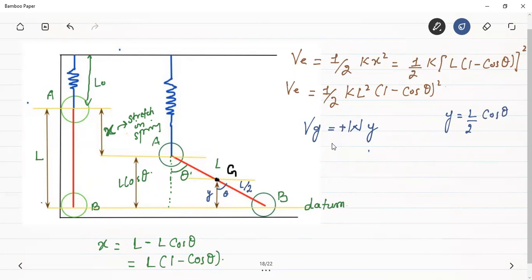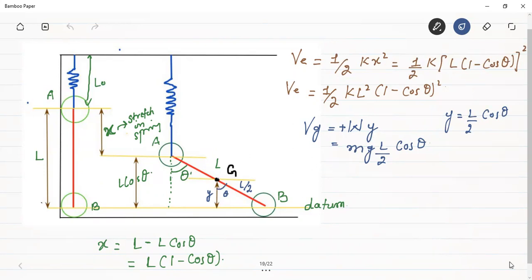Therefore, the gravitational potential function can be written as the weight, which is the product of mass and acceleration due to gravity, multiplied by the vertical height of the center of gravity from the datum, which is L by 2 cos theta. So hence we have written both the gravitational potential function and the elastic potential function.